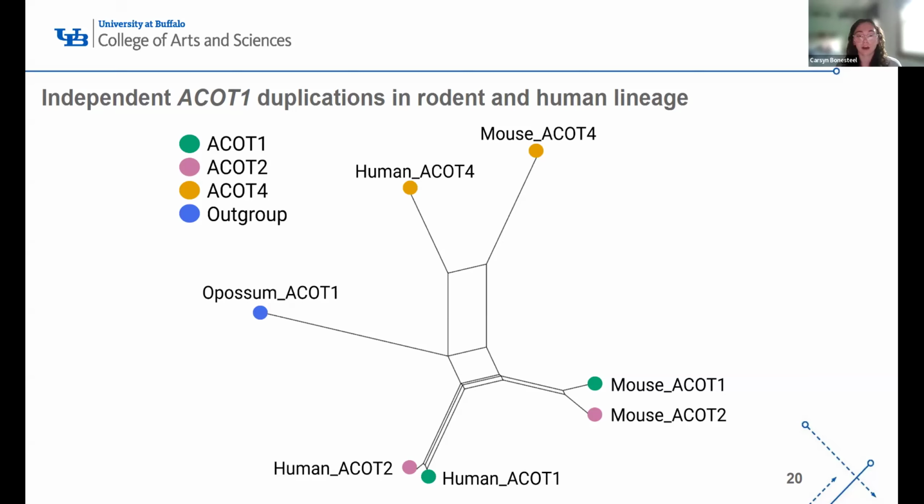Whereas in mouse, it's kind of the opposite. So ACOT1 is the ancestral gene, and duplicated to ACOT2. And then after that duplication, ACOT1 has lost that domain. So we observe the same cellular compartmentalization, but through convergently different mechanisms, which is really interesting to us.